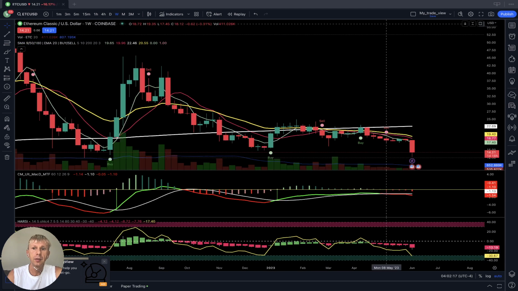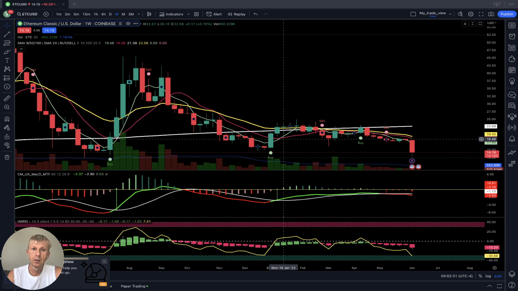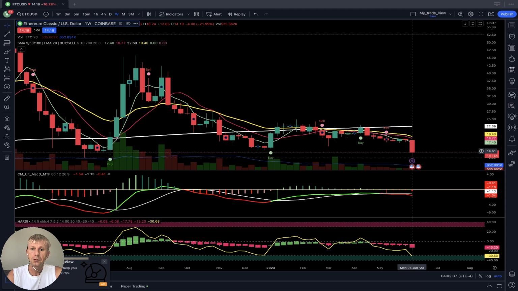Let's move to Ethereum Classic weekly. Red week. This week is 22% minus. MA5, 10 and 20 below 200, negative territory, below the last bar, below all moving averages. Last week you see it was positive 30%. This week is negative 22%. MACD red bearish, Heikin Ashi red bearish, and RSI bearish territory.